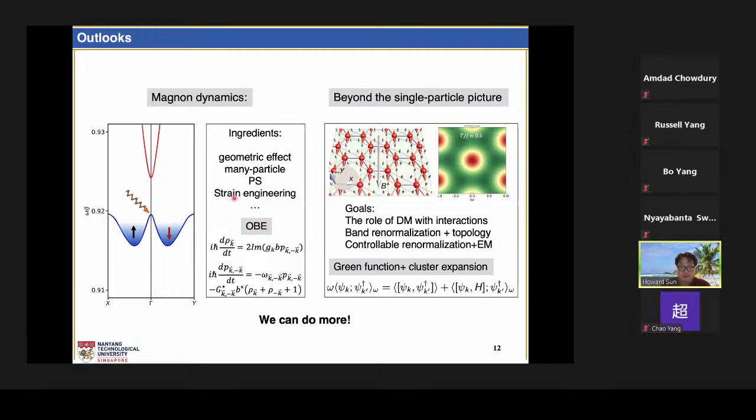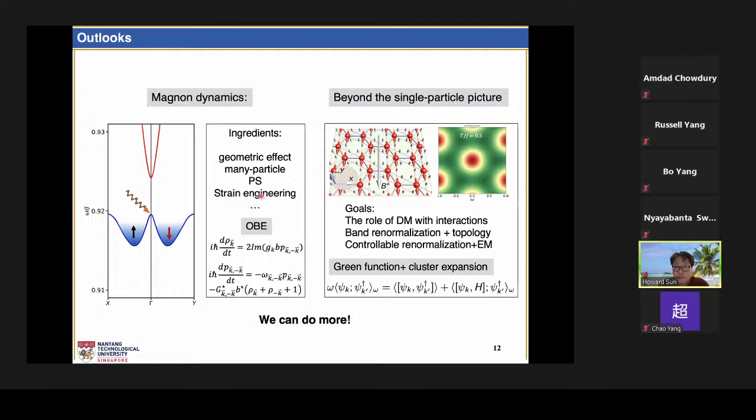We may also apply strain engineering to change the band geometry, and we can study this triplon dynamics. This is the method I apply: I employ the optical Bloch equation. This is a very efficient way to study these magnon or triplon dynamics on a very short time scale.